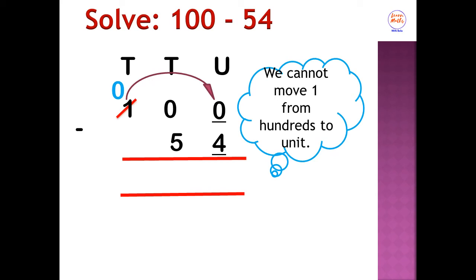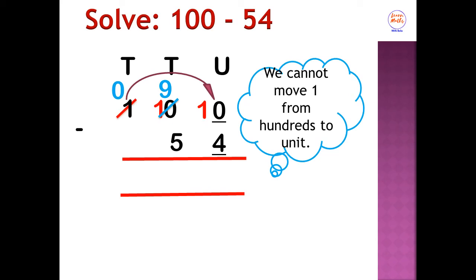Can we do that again together? We borrow 1 from 1 to have 0. Then we move the 1 to tens, which will give us 10. Then we now borrow 1 again from 10, which will remain 9.